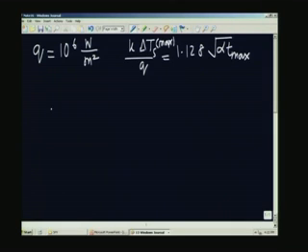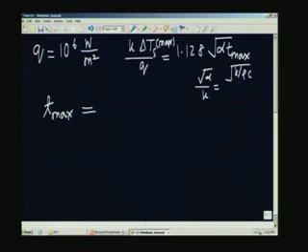So, I can write t max, you have this square root of alpha by K. Square root of alpha by K is nothing but square root of K by rho c, where rho is the density here, divided by K, this is nothing but 1 over square root of K rho c.